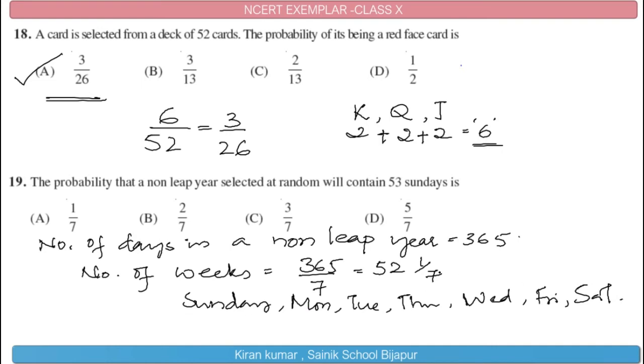These are the 7 days. Out of that, the probability of the event, which is one Sunday, is 1 upon the total 7. So 1 by 7 is the right answer. In a leap year, 2 out of 7 will be the right answer. This is a non-leap year, so 1 upon 7 is the right answer.